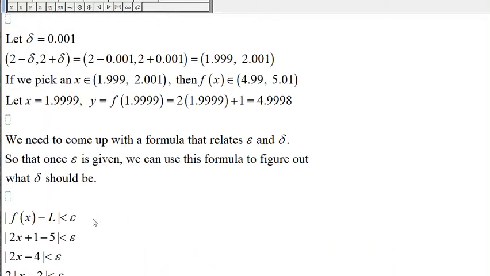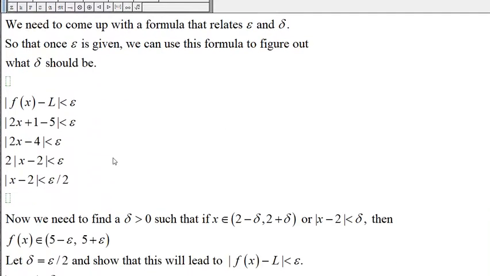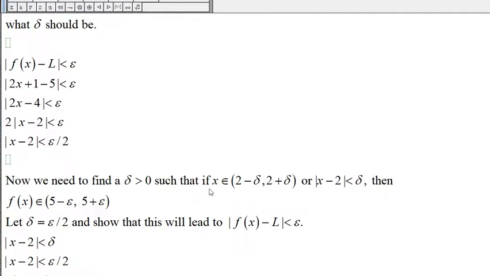So once again, to prove this statement, we must come up with a delta such that if x is in the interval 2 minus delta and 2 plus delta, or another way of saying it, the absolute value of x minus 2 less than delta, then that implies the corresponding y value, or f of x, is in the interval of L minus epsilon and L plus epsilon.